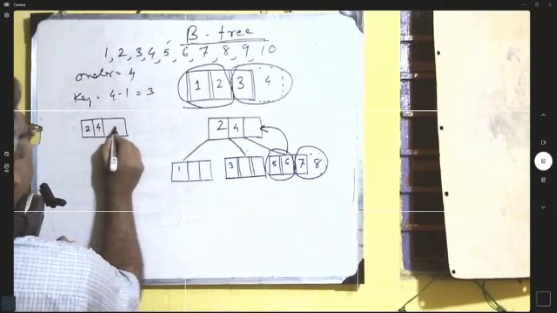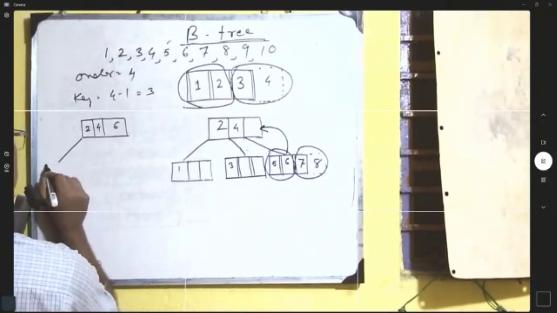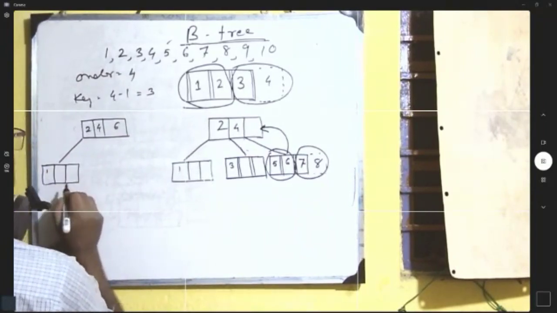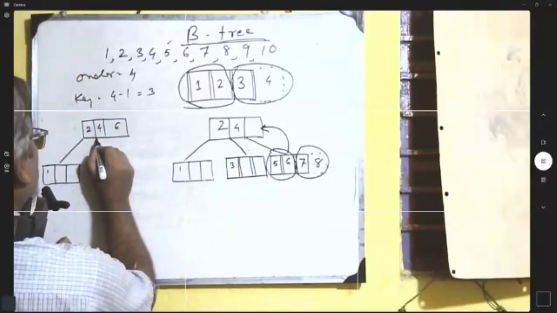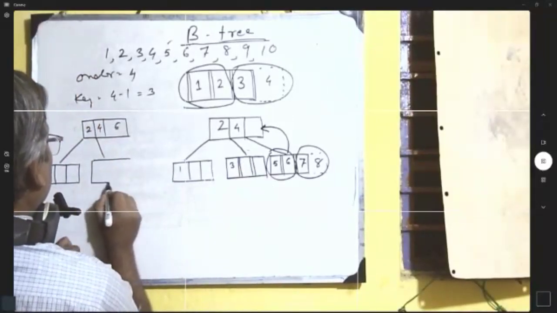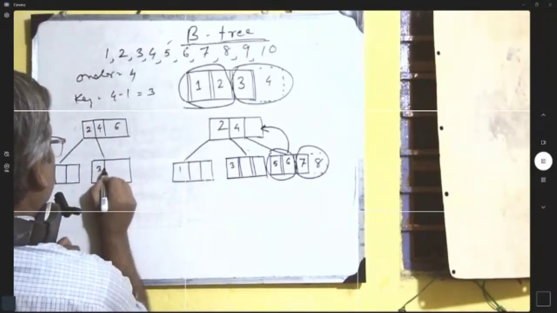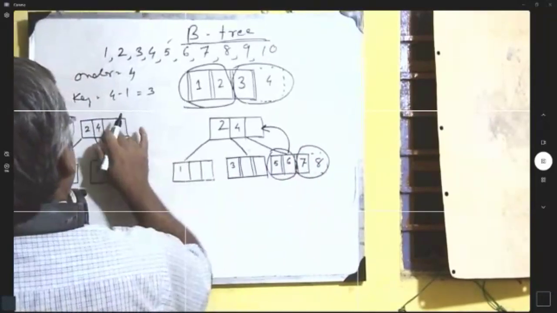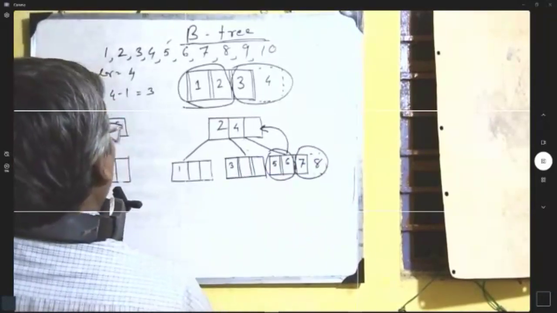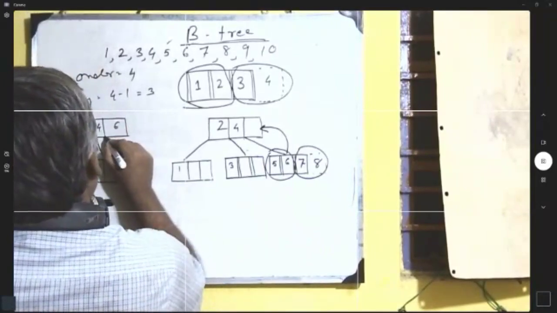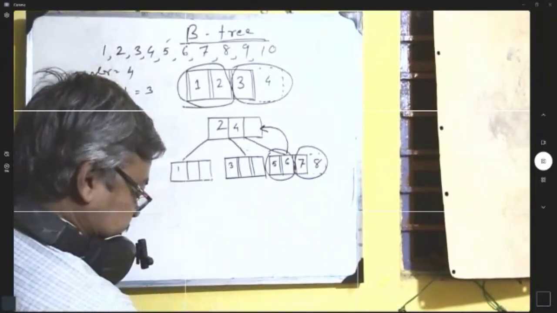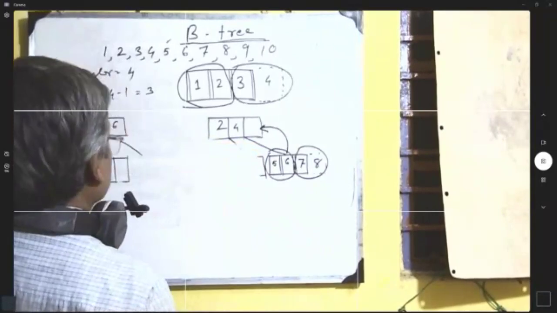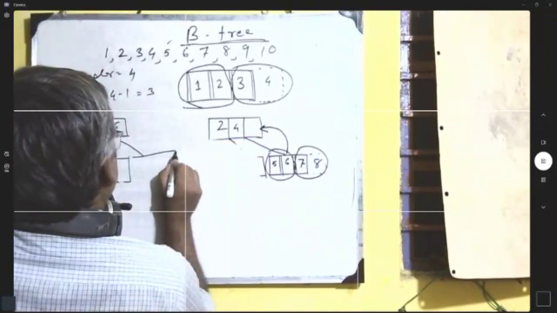Two, 4, 6, and 1, and 3. And another group is 5, and 6 is already shifted, so 5 and 7, 8. 5 is greater than 4, so it is a right child.